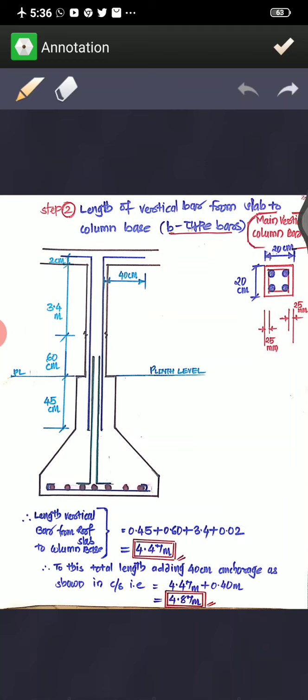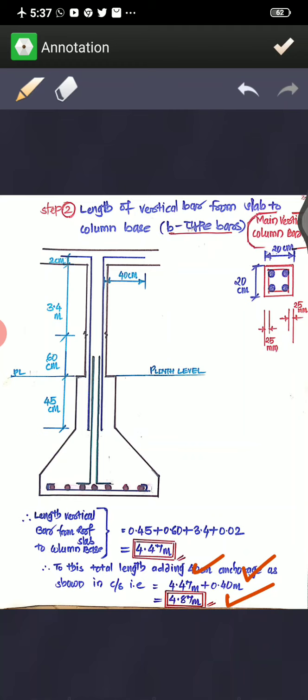But as I said, this bar is going to be bent in this direction, as this bar starts from here, enters 2 centimeter into the slab, then bends in this direction. So you have to add that extra 40 centimeter. So I am adding to this total length 40 centimeter anchorage as shown in the cross section, that is 4.47 plus 0.40 meter, which is 4.87 meters.